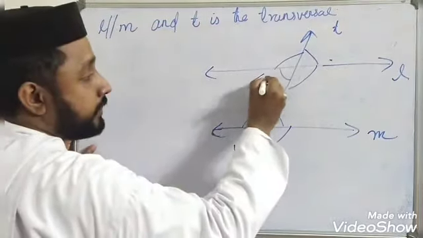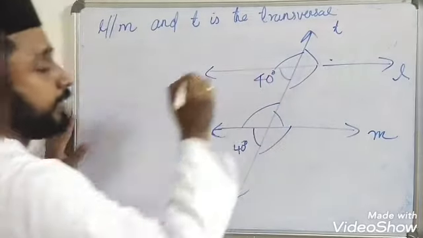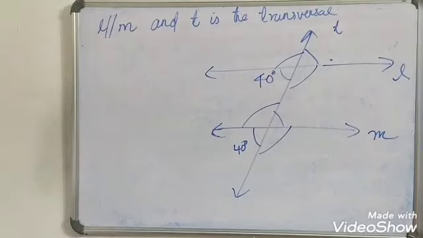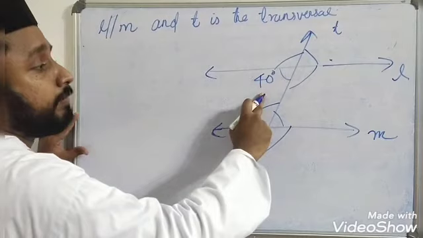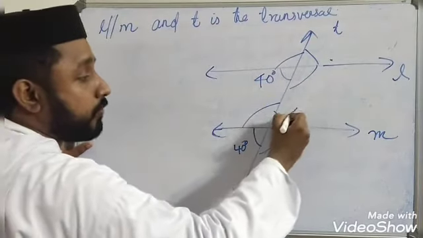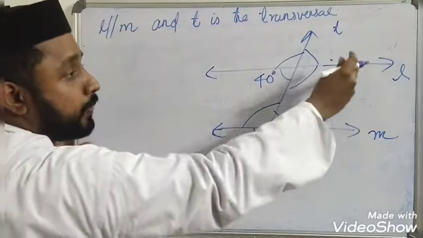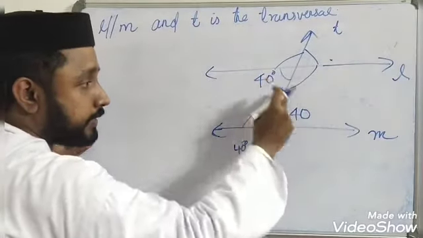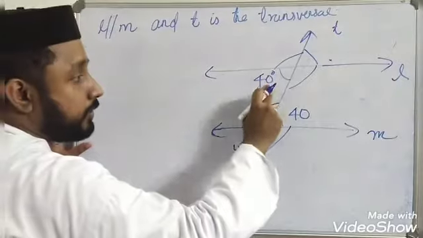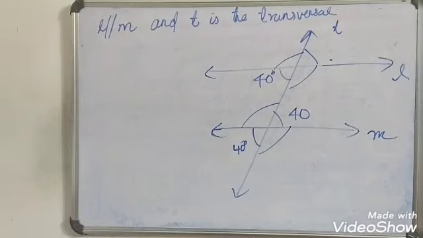So we can easily write this is 40 degrees. This is 40 degrees. They are corresponding angles. If it is 40 degrees, then this also 40 degrees, which means two parallel lines cut by a transversal, alternate interior angles are equal. So if it is 40 degrees, this also 40 degrees.